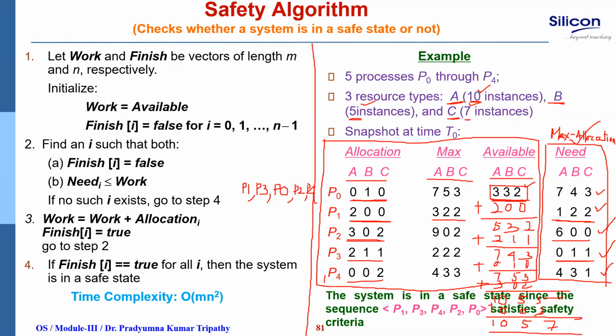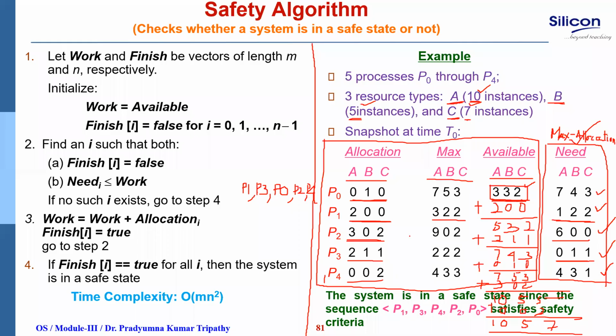If you are able to satisfy all the processes, then we say it is in safe state. Try to understand. You will solve it, and if you find that each of these processes can be satisfied with the available resources, then we will say it is in safe state.